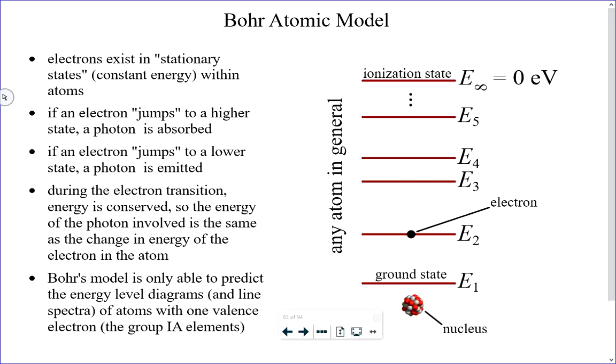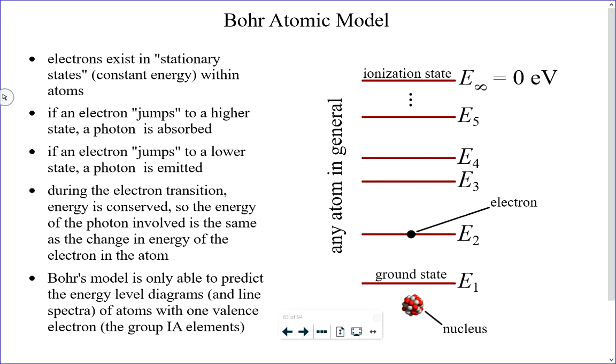So the nucleus that I have down here is not hydrogen, obviously, because hydrogen's nucleus has one proton, and later on in the unit we will learn that some hydrogen nuclei have a proton and a neutron, or a proton and two neutrons. There are different varieties of hydrogen.